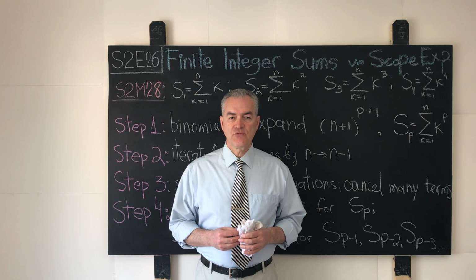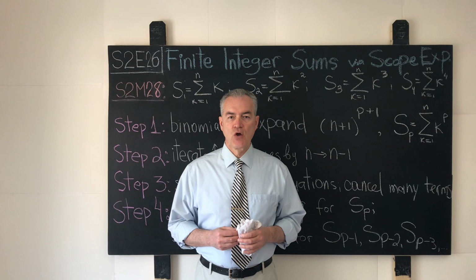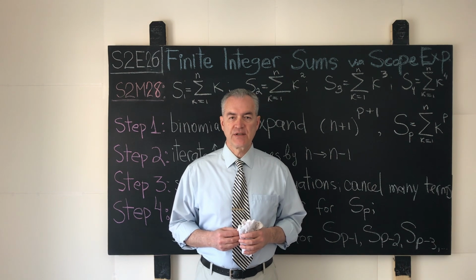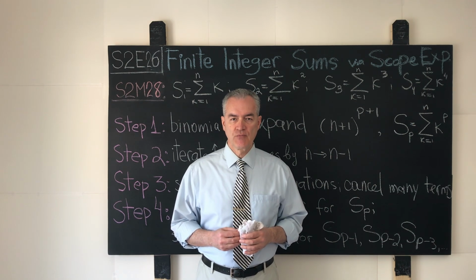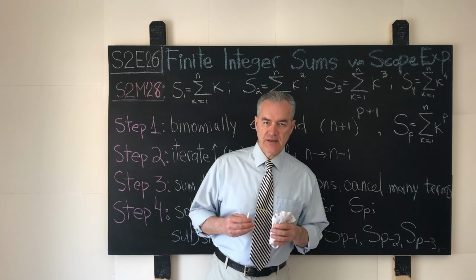Very well. If you were trying to solve the mathematical problem S2E26 on your own, as we explained it in Season 1, Episode 2, then you were expected to come up with the following idea.